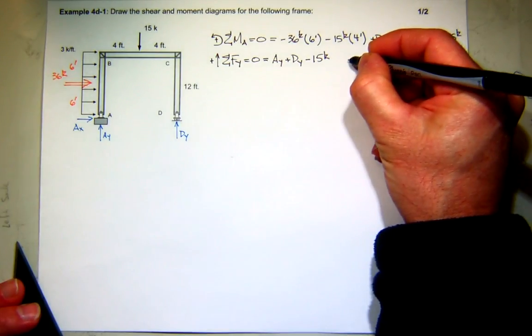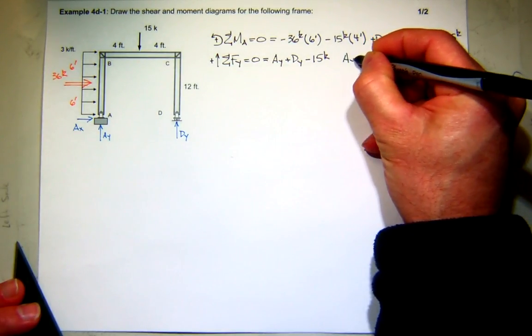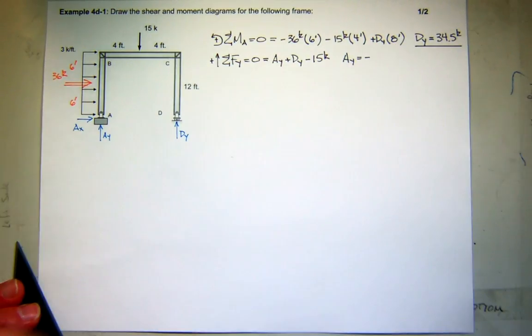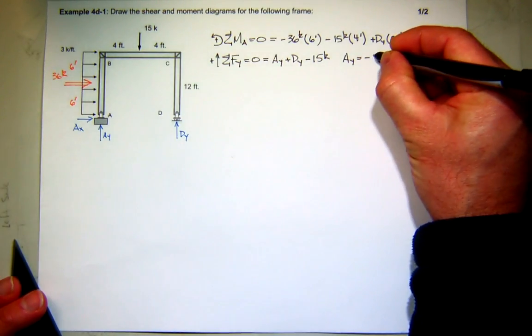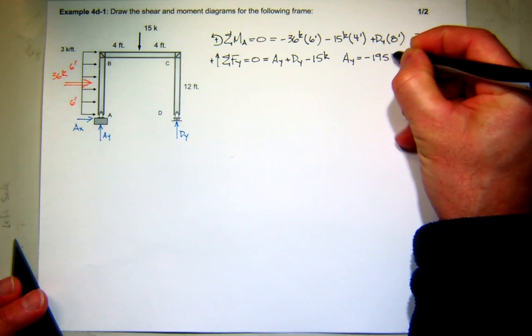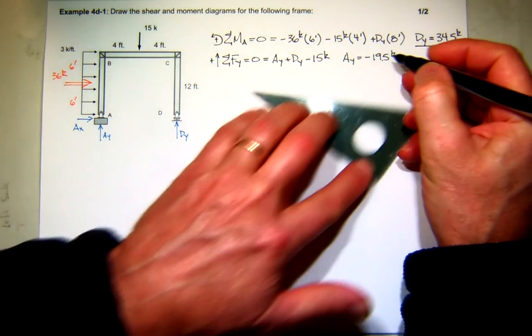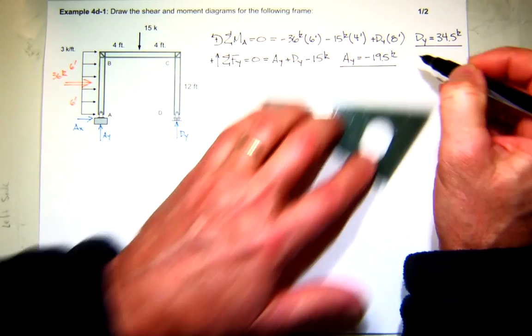So what should AY be? It looks like it's going to be negative, right? What do you guys get? Negative 19.5 kip. That seems reasonable. Anybody else get that? Cool.